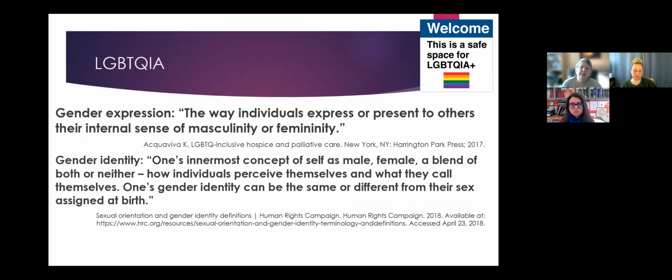Definitely with the LGBTQIAs, the gender expression, I really liked this idea that a way an individual expresses or presents themselves to others, an internal sense of masculinity or femininity can be there. And then their whole identity, one's innermost concept of self as male, female, a blend of both or neither, how individuals perceive themselves and what they call themselves.